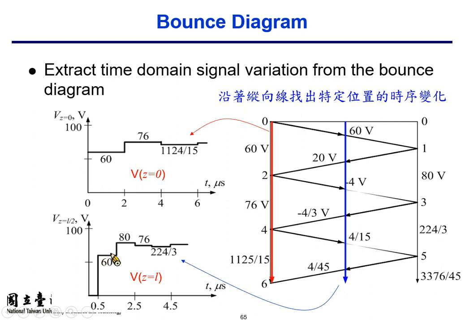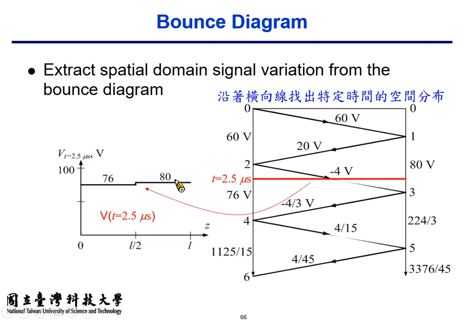And it will observe follow-up voltage signals: V plus equals 60, V minus equals 20, V minus plus equals minus 4, and so on and so forth. And you can observe that this thing will eventually saturate at 75 volts as well.